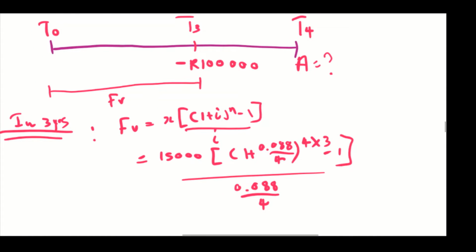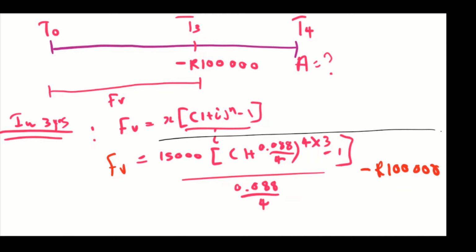You can punch this and then continue from what I'm about to do, or you can just subtract, because remember, this would be the future value in 3 years, and then in 3 years there's a withdrawal of 100,000 rand, right? So you can punch the entire thing or you can punch the first part. It's up to you. I punched the entire thing. It was possible in my calculator.